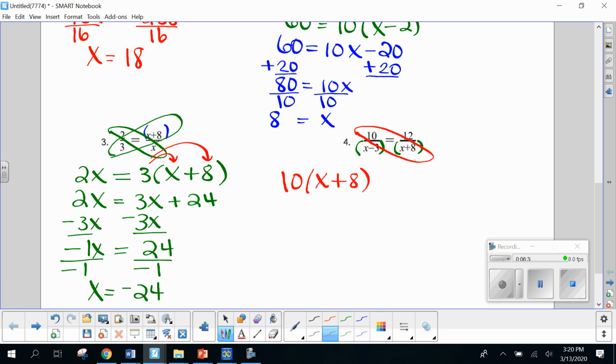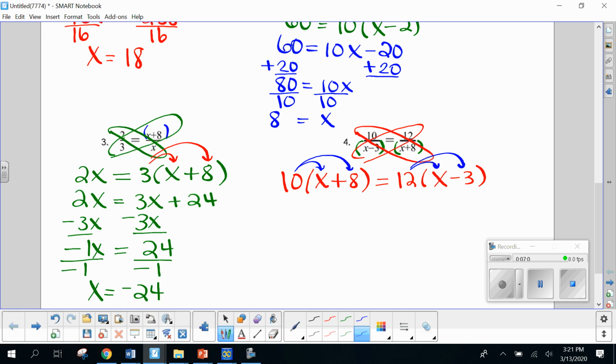And that's going to equal 12 times the quantity x plus 3, or no, I'm sorry, x minus 3. Okay, so now we have to distribute this 10 into that set and the 12 into the other.